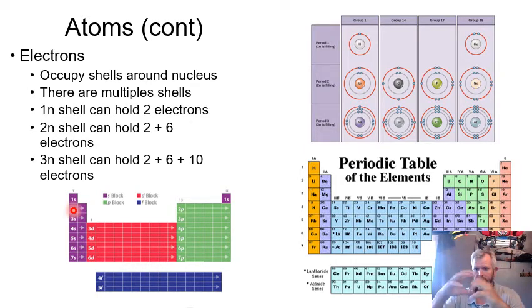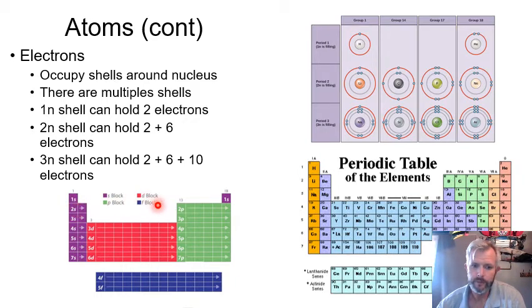They're the clouds that surround and move around the nuclei of the atoms. If we look at beryllium, now we've got the 1s and the 2s shells filled.